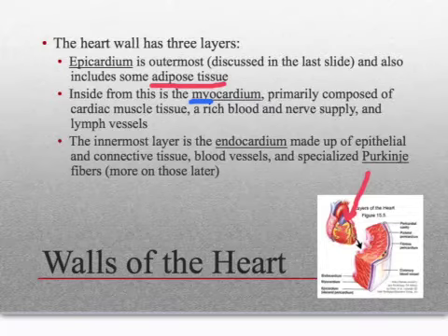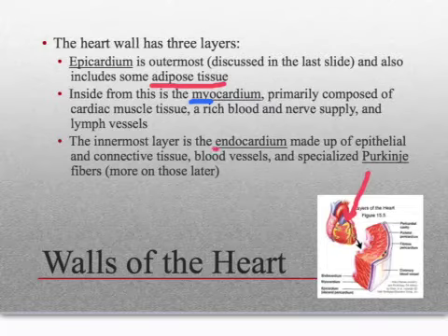It has a good nerve supply, so that the heartbeat can be regulated without you having to tell it to beat. And there are some lymph vessels which are responsible for draining extra fluid and looking out for germs and other dangerous substances.